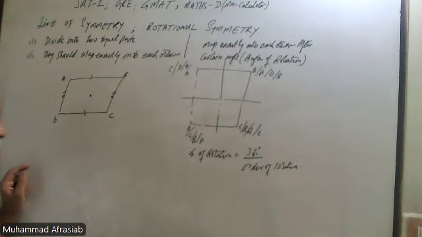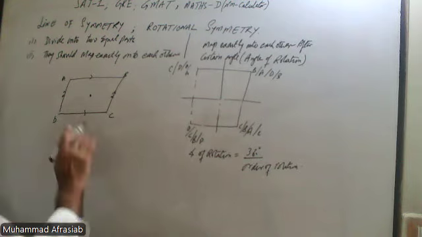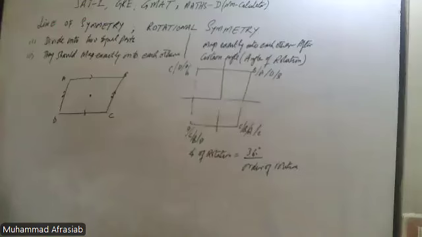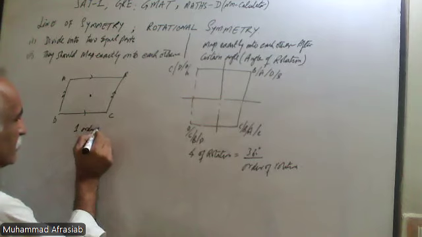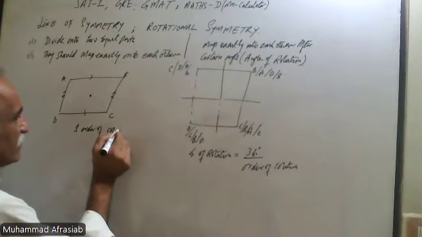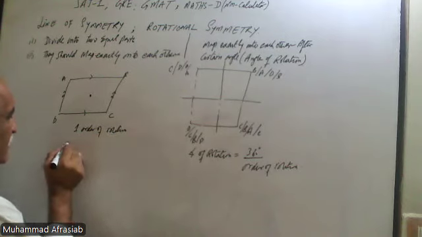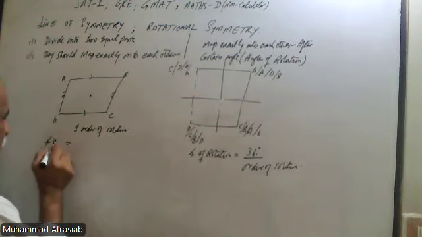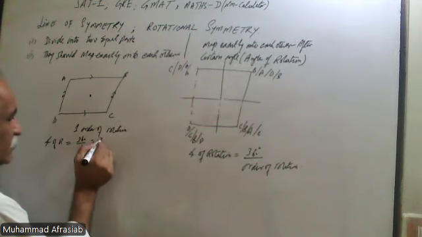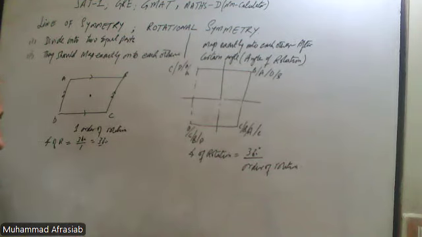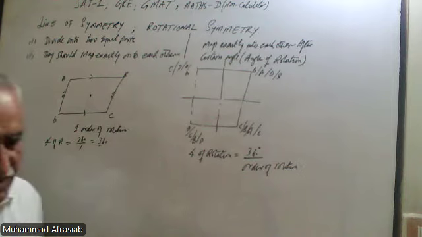After 270 degrees, it is not mapping. But after 360 degrees, it maps onto the original shape. So there is 1 order of rotation, and the angle of rotation is 360 divided by 1, which is equal to 360. This is the way you find rotational symmetry, and previously we found the lines of symmetry for this portion.